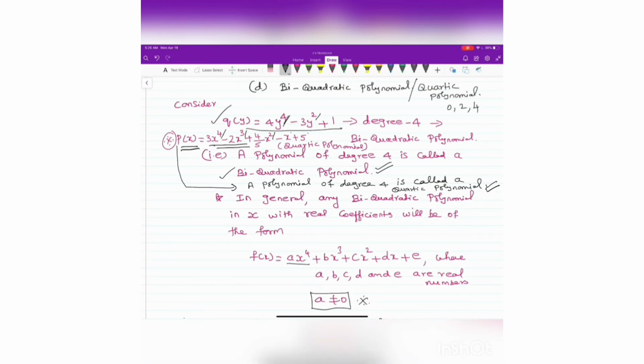Okay. Now, sixth point, relationship between the zeros and coefficients of a quadratic polynomial.